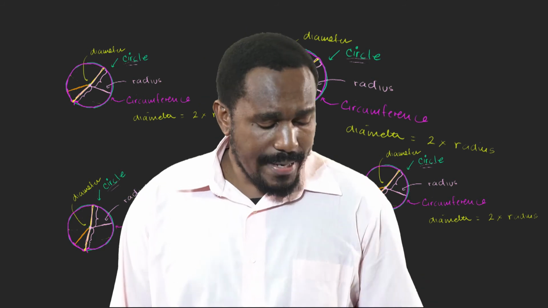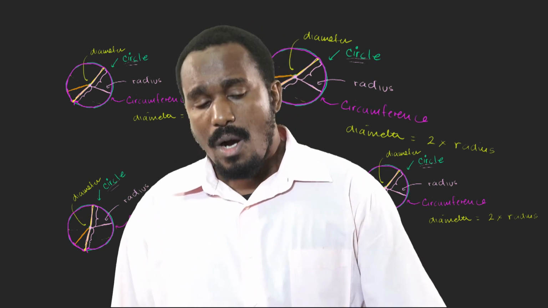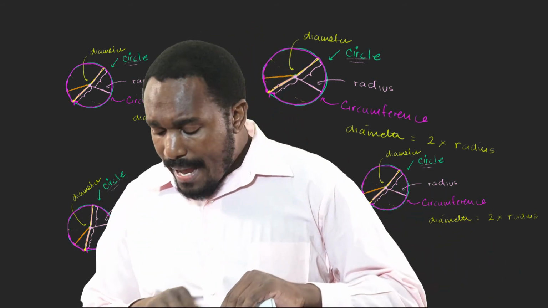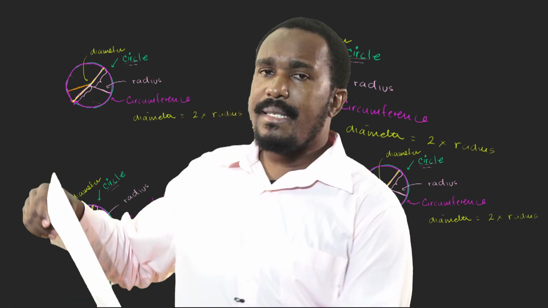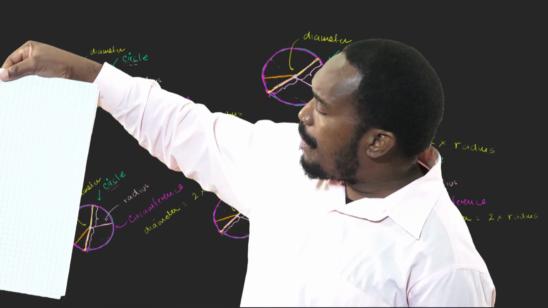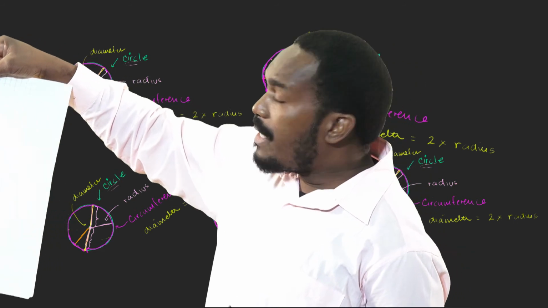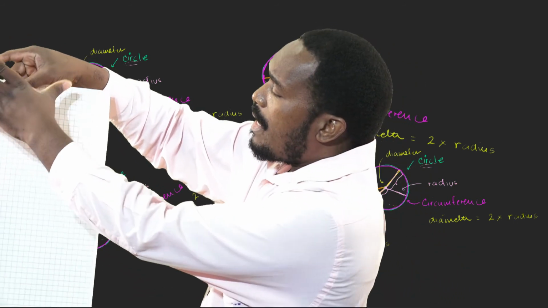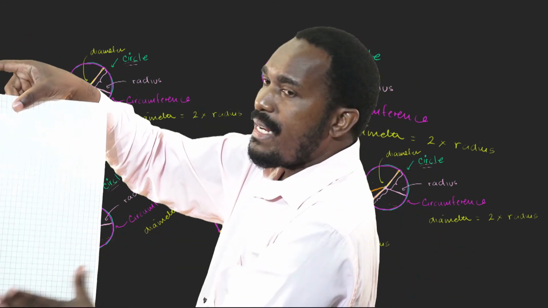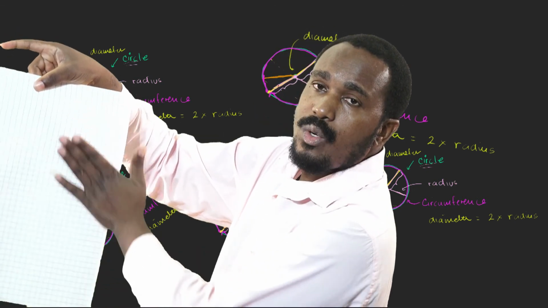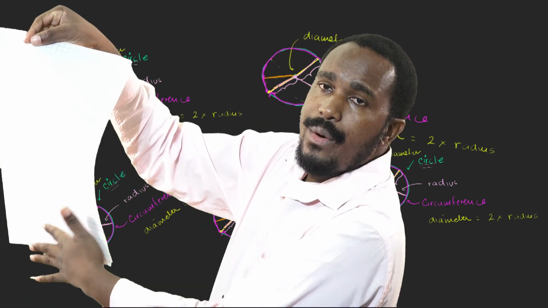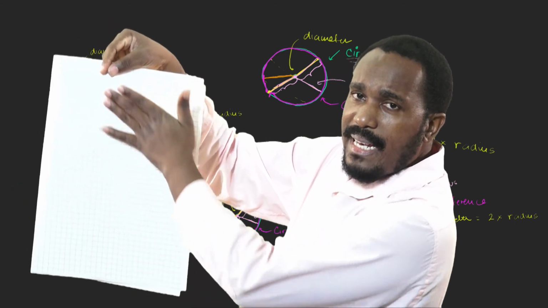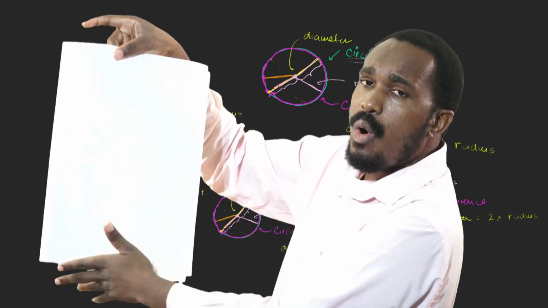Okay, so for example, I have this paper. It is with me here. So this part that has been covered is what we say area. The part that has been covered is called area.